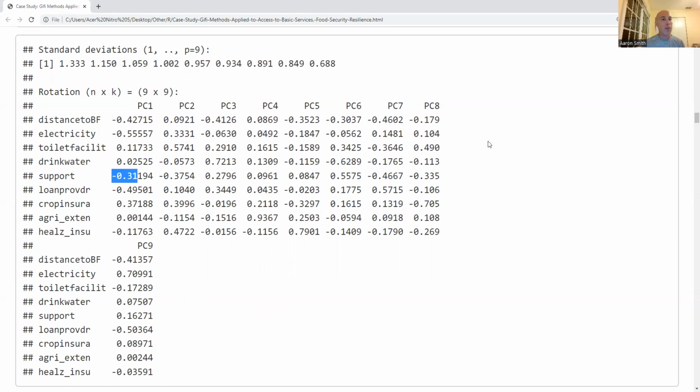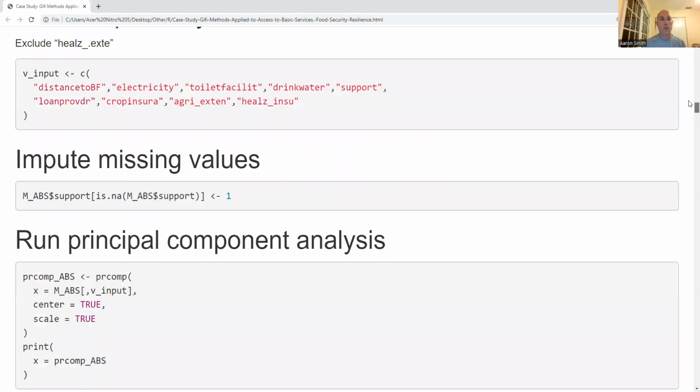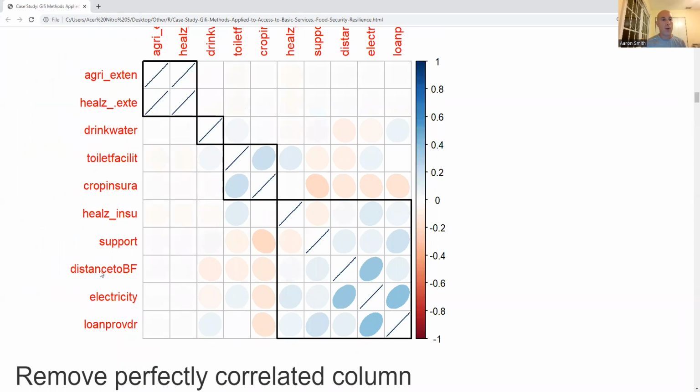So let's see, distance, electricity, support, and loan. We can see that these are all in the same group here.